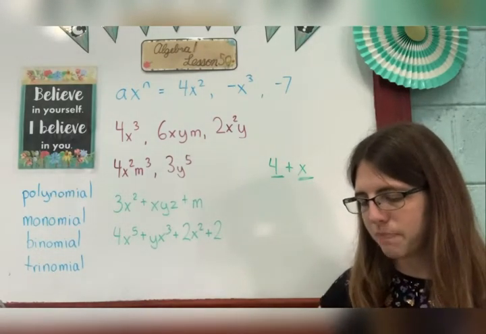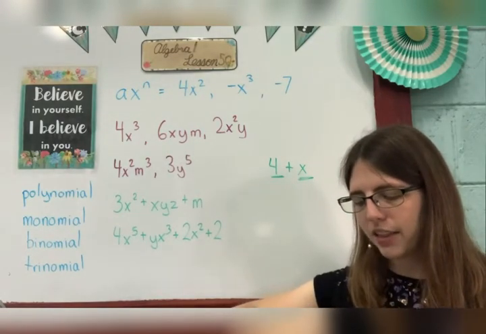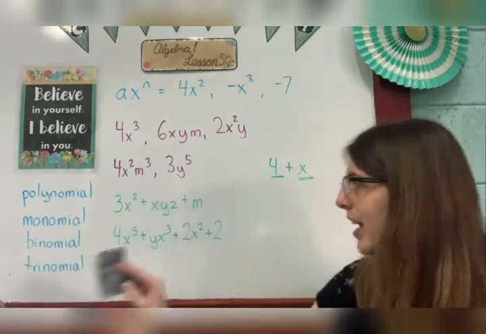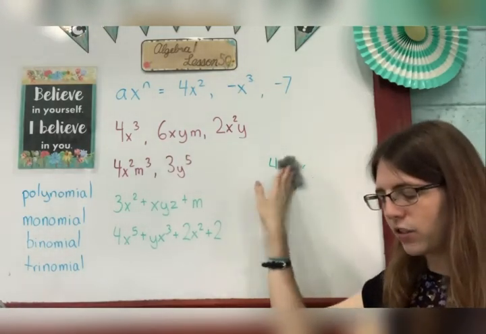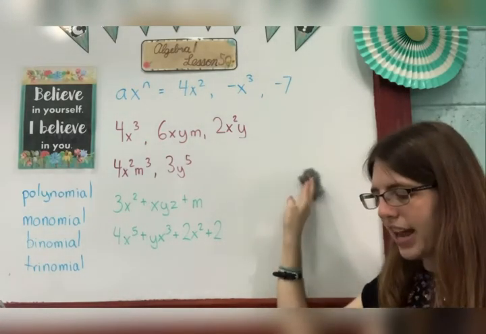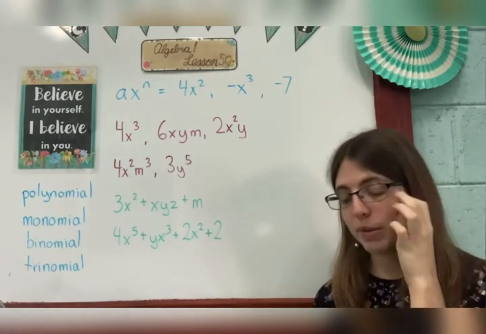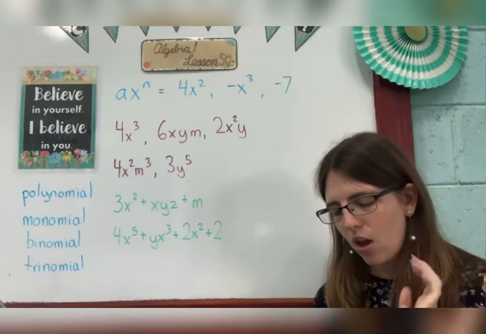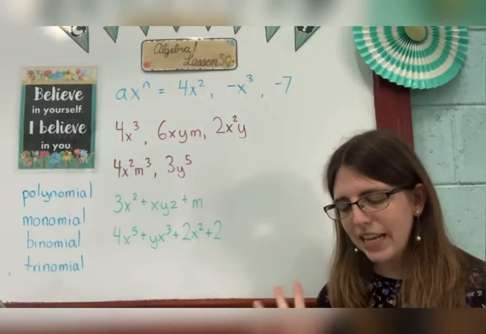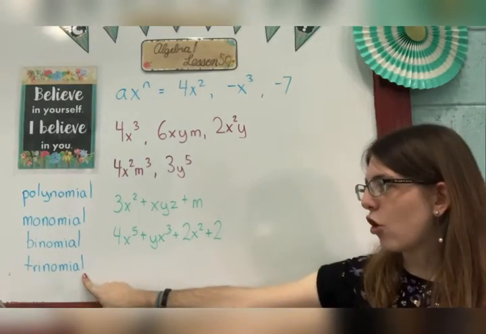You also have B, letter B, an example on your page there is p to the 15th power minus 4p. You have 2 terms, binomial. Letter C, your example C, says negative y to the 10th plus 3y. Your first term is negative y to the 10th, your second term is 3y, binomial. All right, then we have, if you have three terms, that is the trinomial.